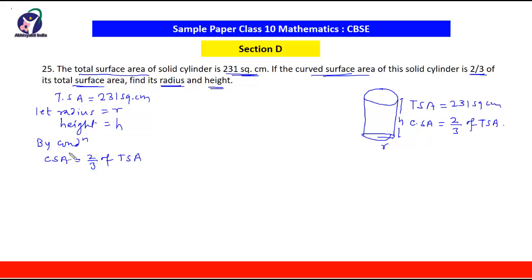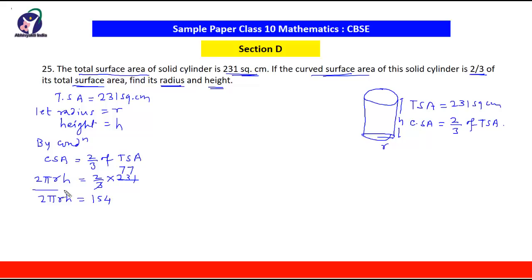Now the curved surface area of the cylinder is given by 2 pi rh, which is equal to 2/3 of total surface area 231, so multiplied by 231. So 3 1s are 3, 3 7s are 21, 3 7s are 21, and therefore 2 pi rh is equal to 154.